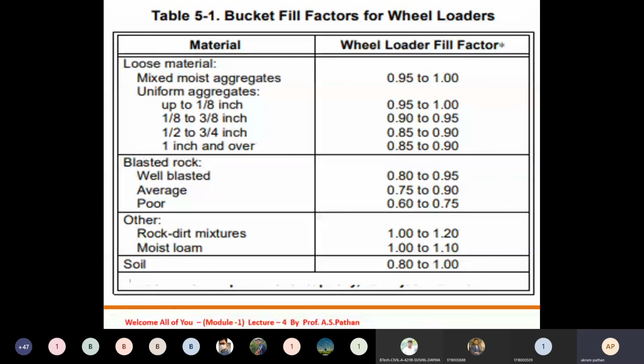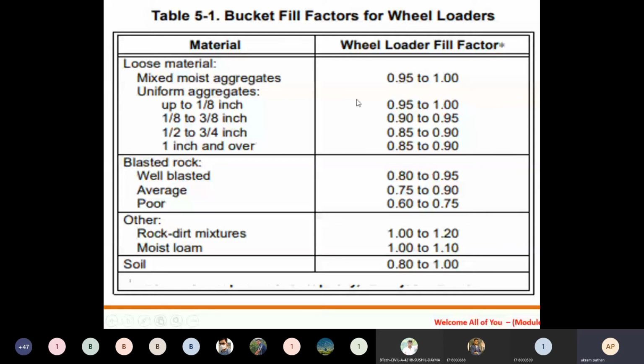We are knowing the various types of machinery, but if you see the data which is given in this particular table, what does this particular table say? Bucket fill factor for wheel loader. So what is a fill factor? Fill factor is the factor which maintains the balance between the loading and unloading time.